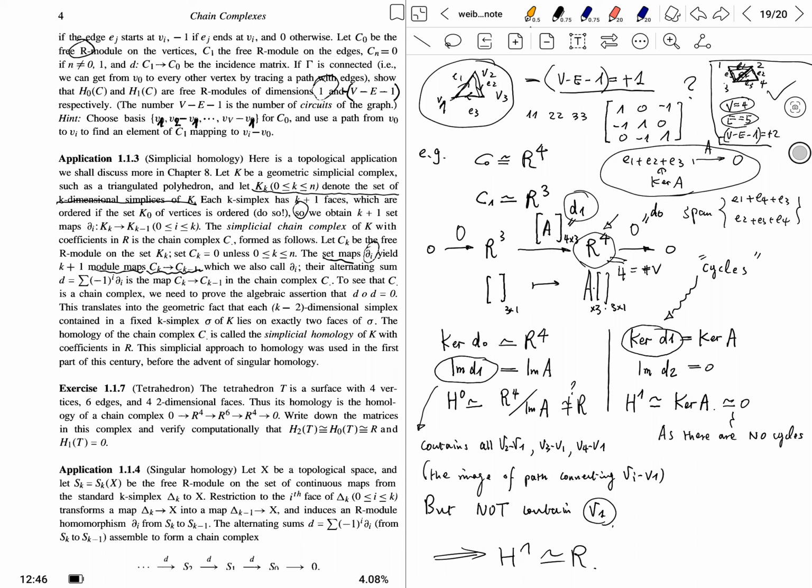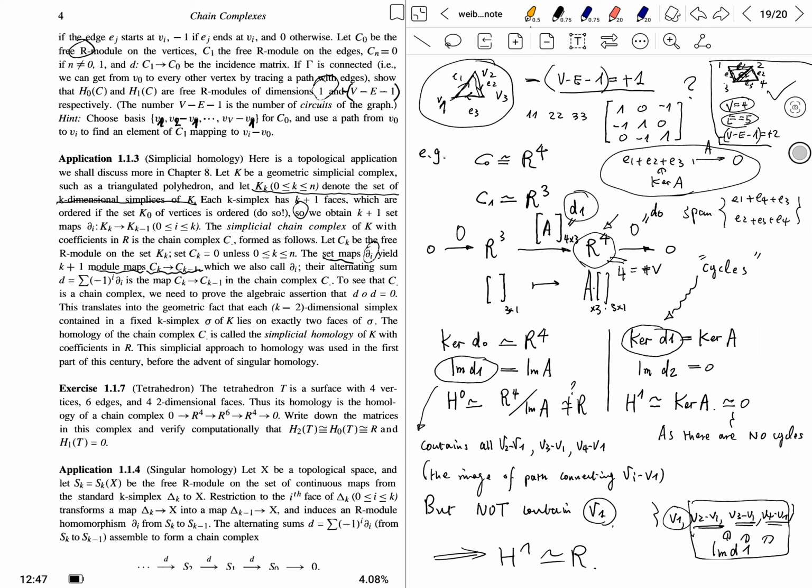What I'm saying is that you can fix a basis. This is kind of the hint here. If you fix the basis V1, V2 minus V1, V3 minus V1, V4 minus V1, then you can see that V2 minus V1, V3 minus V1, V4 minus V1 are all in the image of D1, because the graph is connected: for any two different vertices, there is a path connecting them.